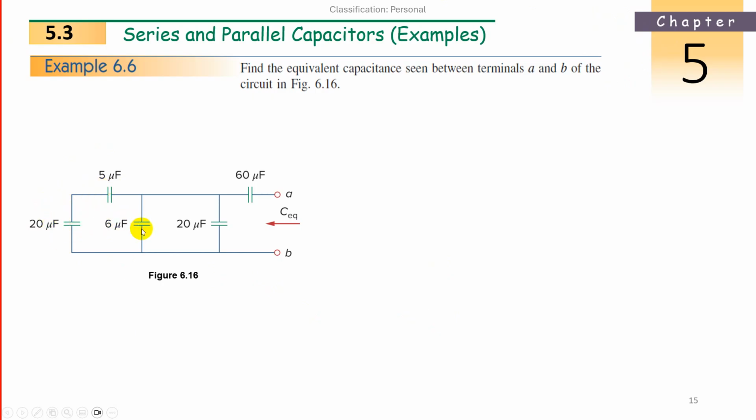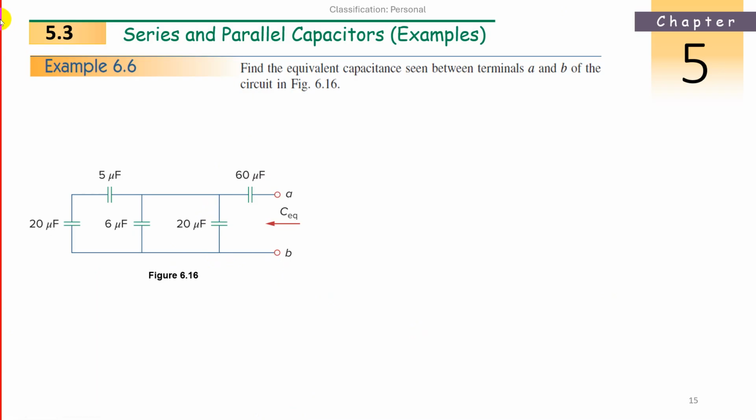Now 4 and 6 are in parallel. So what is the equivalent? Just sum: 4 plus 6, how much? 10. So up to here it will become 10 microfarads. Now 10 and 20 are in parallel. Same: 10 plus 20 because these are in parallel, 30. So 30 and 60 are in series. For series, what is the equation?